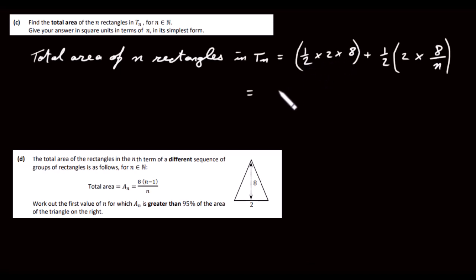So this is just going to be 8 plus 8 over n, or we can just add those two fractions if you like and you get 8n plus 8 over n, or you can factorize out the 8. Anyway, that's our formula there. Give your answer in square units, so this is units squared in its simplest form.